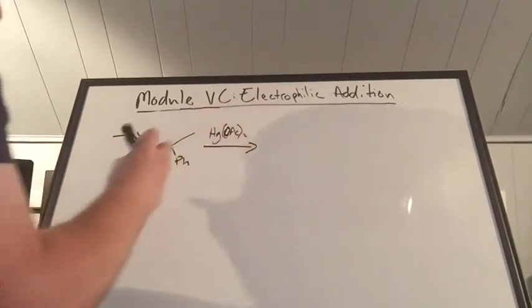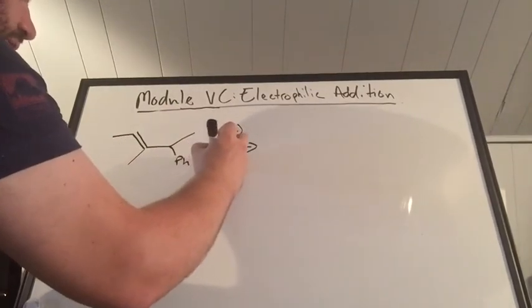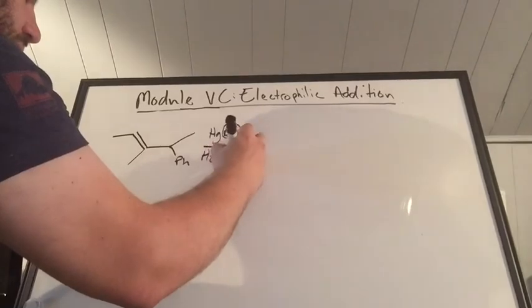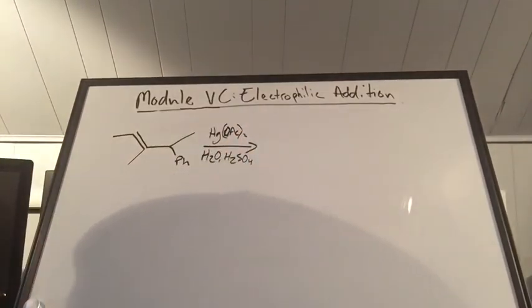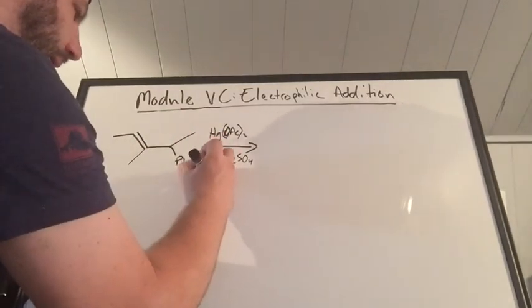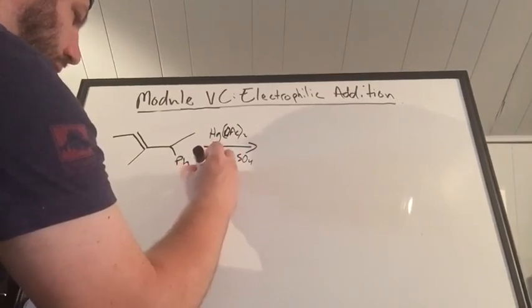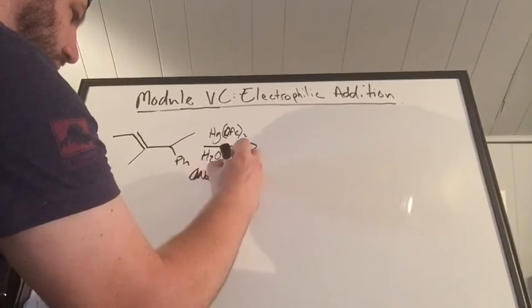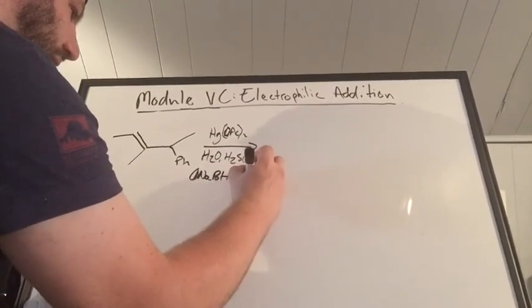Okay, I think H2SO4. Okay, and then you would follow this up with, what is it? NaBH4, which is going to be a reducing agent, and then ethanol.